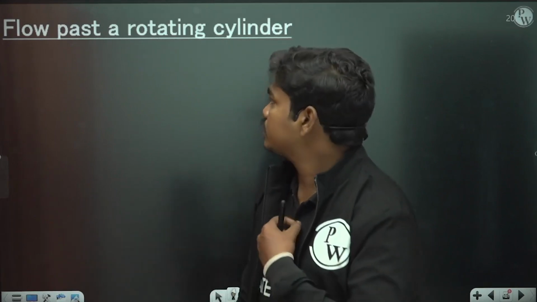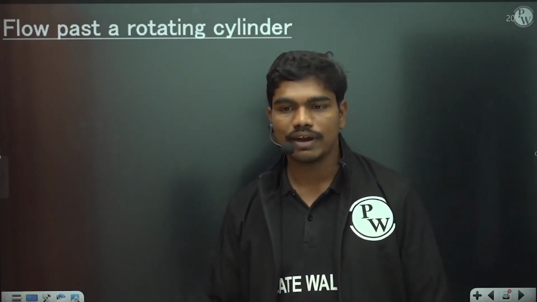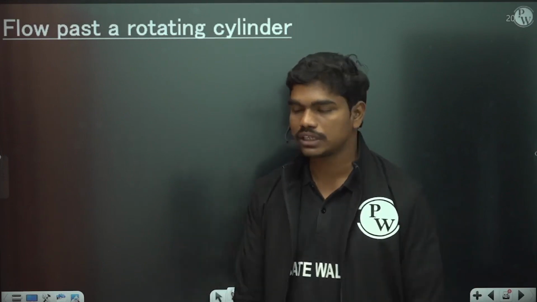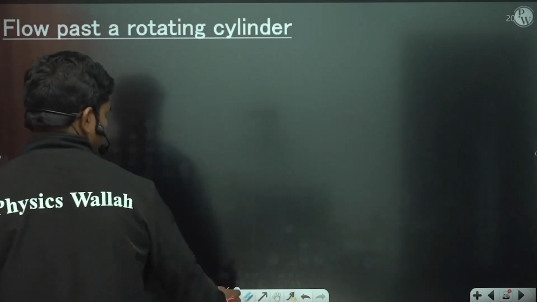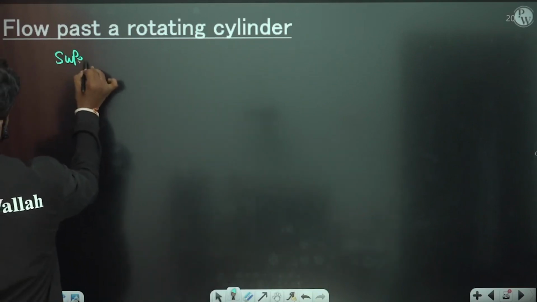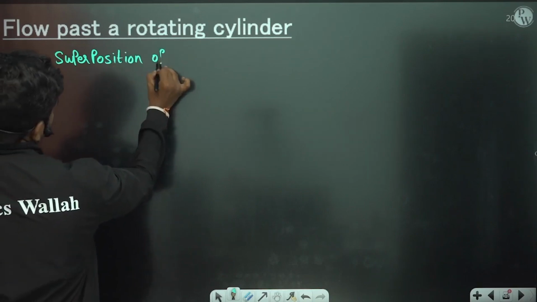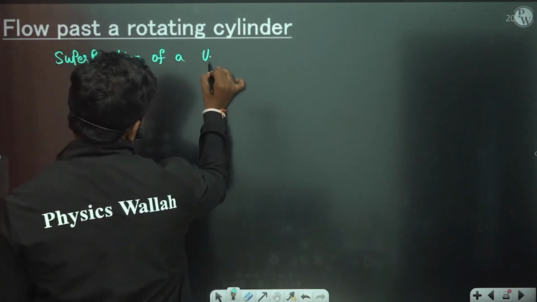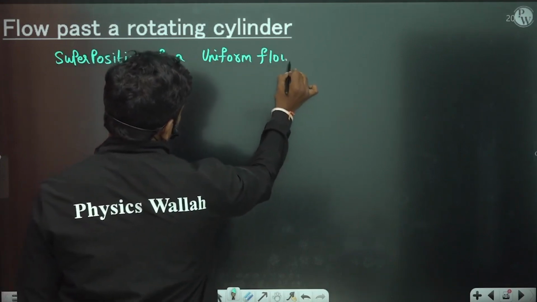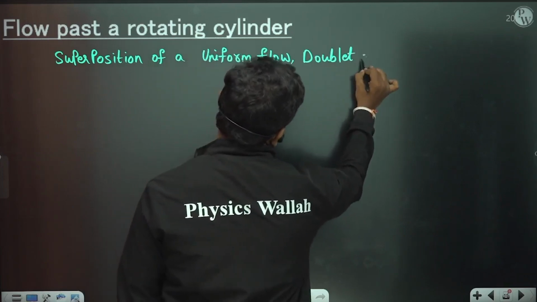Now, flow past a rotating cylinder is the last case in the potential flows that we discuss. Whenever a cylinder is rotating, what are the different situations? So first of all, this is a superposition of a uniform flow, a doublet and a vortex.